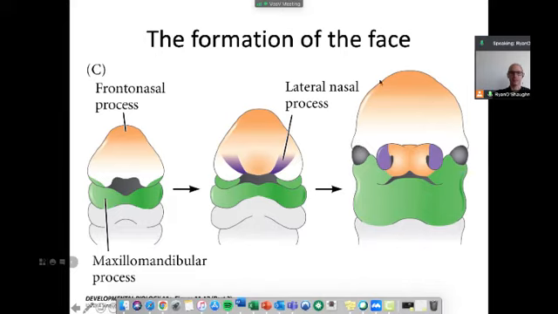The frontal nasal process contributes to the upper head and parts of the nose, the lateral nasal process contributes to the lateral part of the developing nose, and the maxillomandibular process contributes to the jaws of the skull, of the face.